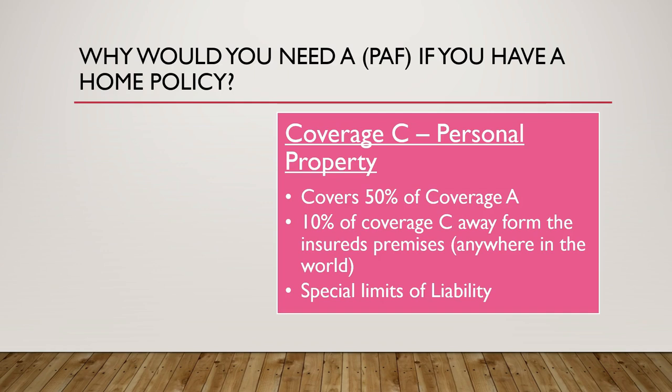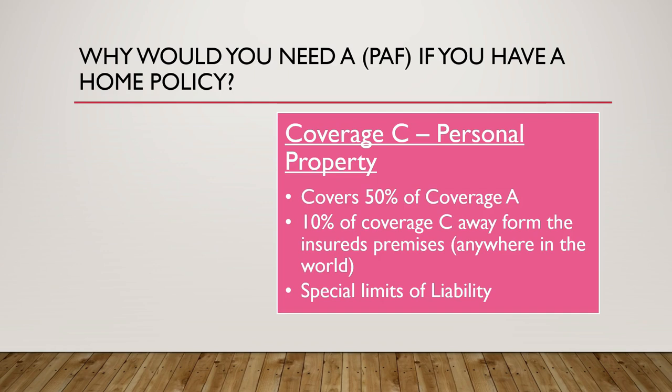Great question. Here's why. Under coverage C, items are covered up to 50% of the dwelling's replacement cost, which means that if the replacement cost is $200,000, then coverage C would be covered up to $100,000.